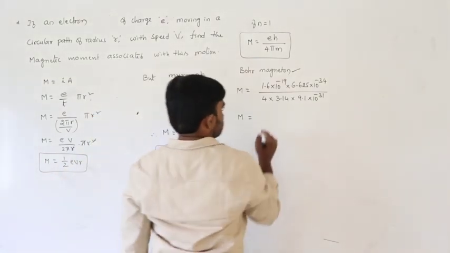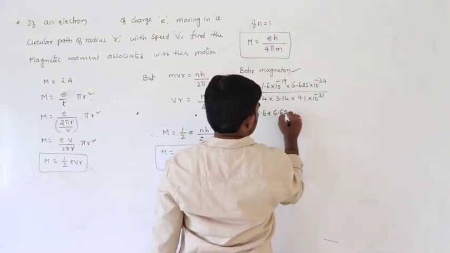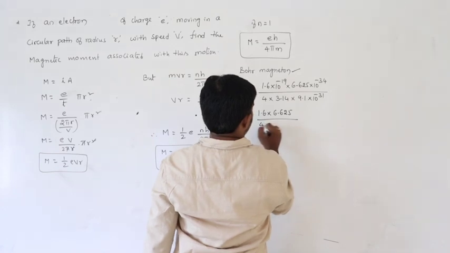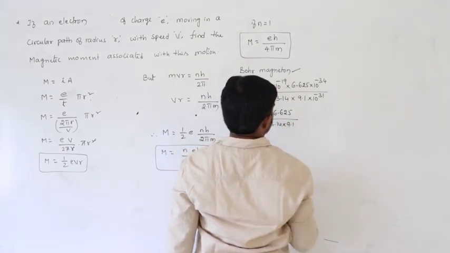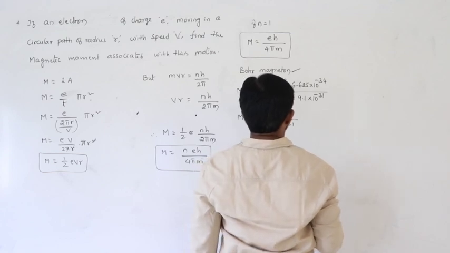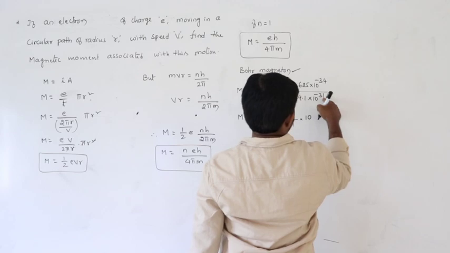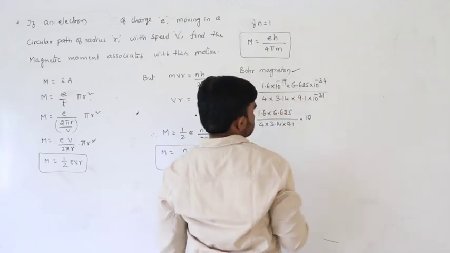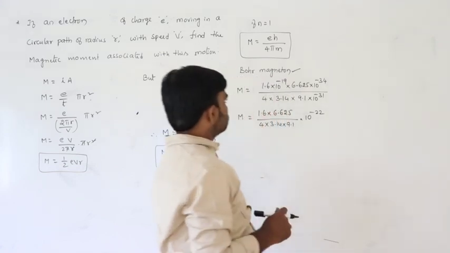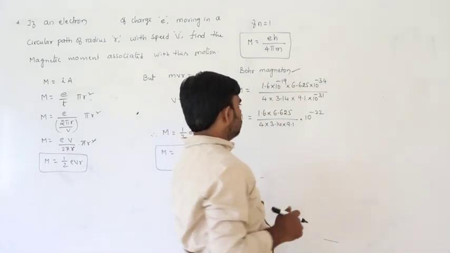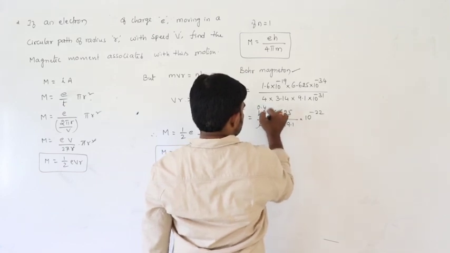So this value remains constant: 1.6 into 6.625 divided by 4 into 3.14 into 9.1, into 10 to the power of, this 31 comes to the numerator, minus 19 plus 31 minus 3 comes to 22; here 4 into 0.1 is 0.4.